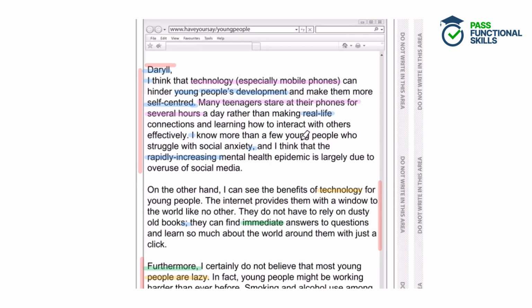I know more than a few young people who struggle with social anxiety. So here we're linking to the previous sentence again, because we're saying young people don't know how to interact with others, and then we're saying that they have social anxiety. So two very similar ideas, linking sentences together. So overall, this paragraph is really cohesive and works well.